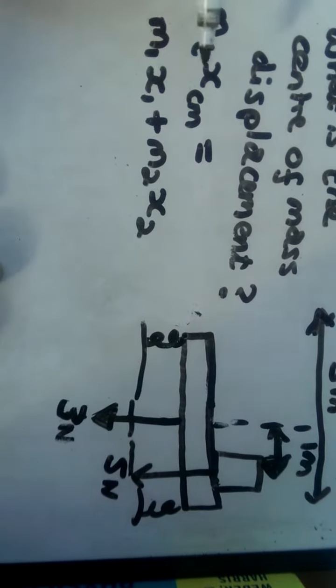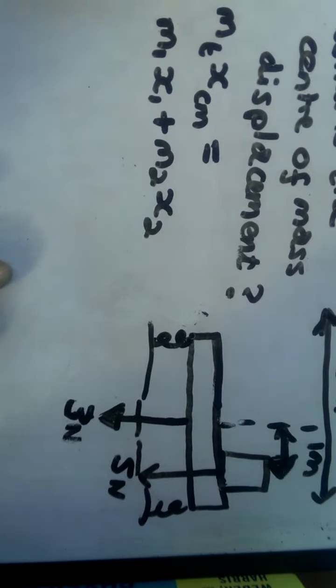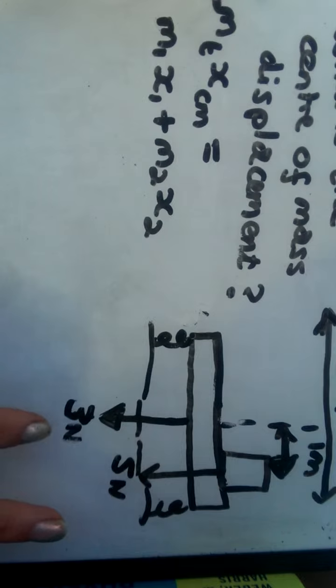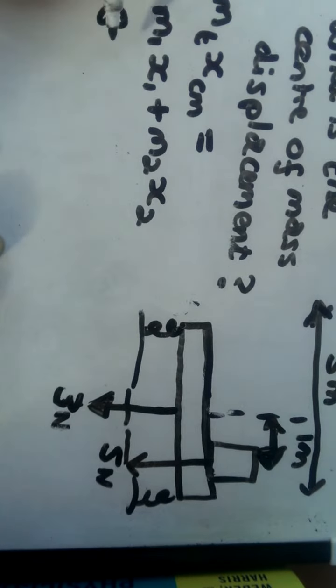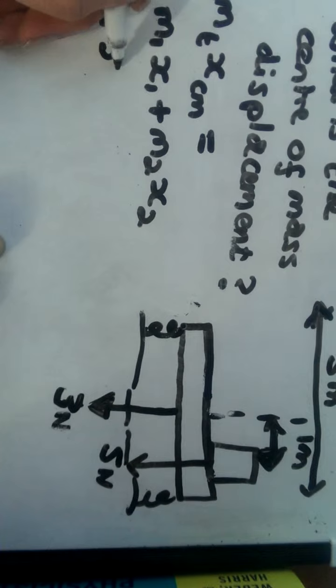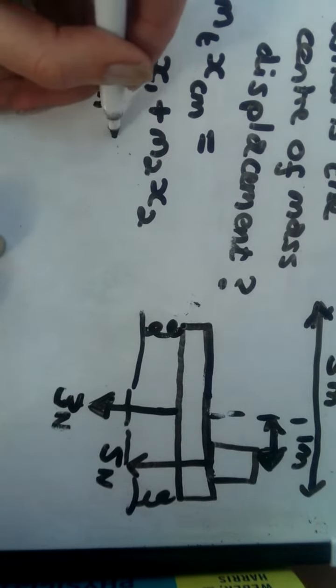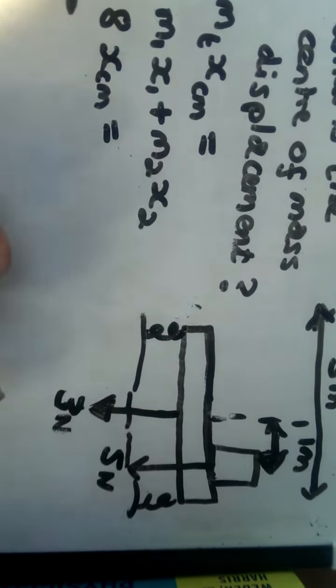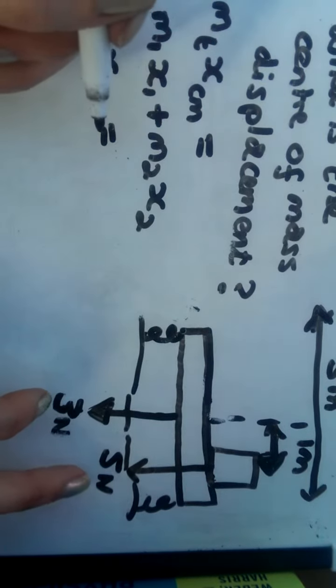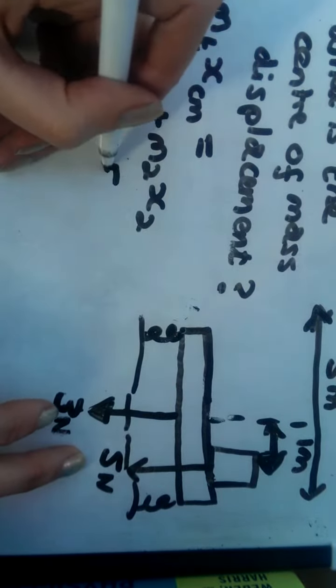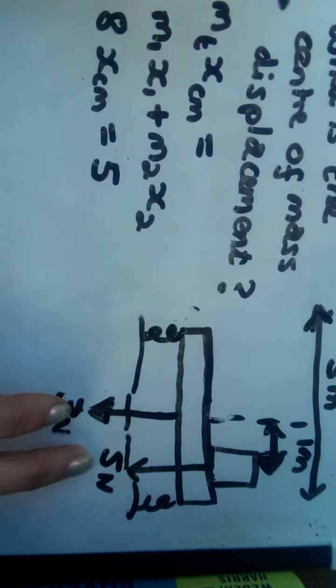So this is basically a case of plugging in the numbers. Our total mass is going to be the mass of our plank combined with the mass of the box, so that is going to be 8 times our centre of mass displacement, and this is going to equal 5 times, which is our object 1, which has a mass of 5 newtons.